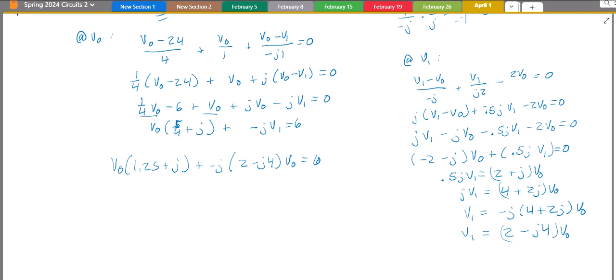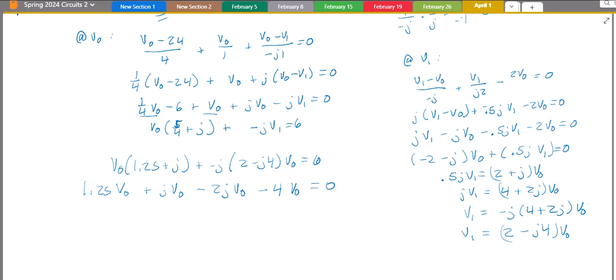So 1.25 V0 plus J V0 minus 2J V0, minus J times minus J4 is plus J squared 4, which is minus 4 V0 equals 0.